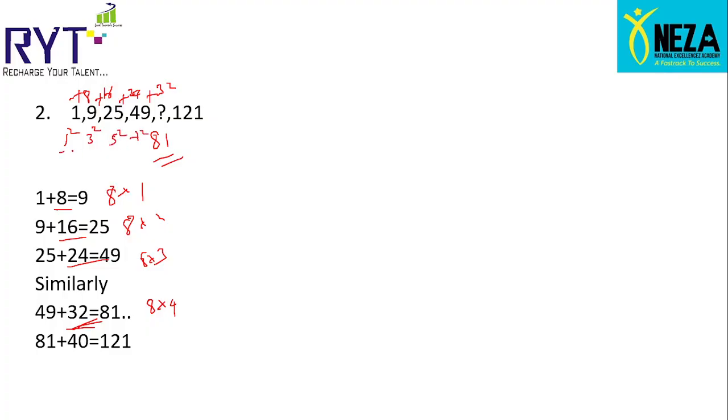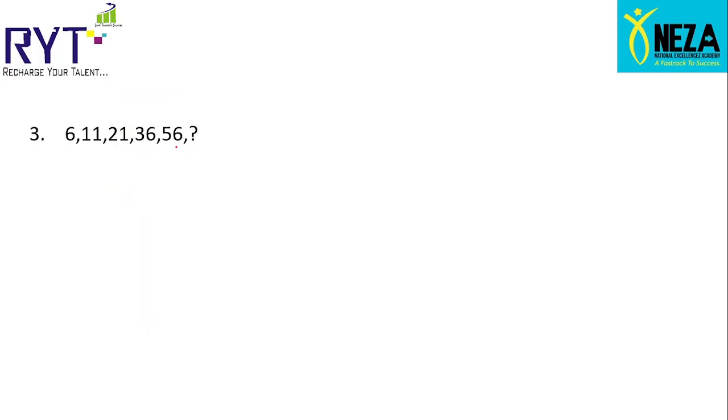So it is 1 square, 3 square, 5 square, 7 square, which means the next should be 9 square, and 81 is the correct answer. So, students, if you know the squares, this question becomes very easy. In examinations, you may have some questions related to squares. Okay, next one.